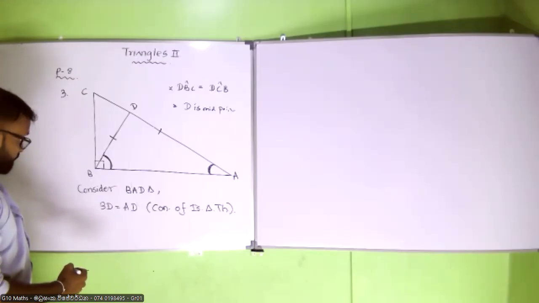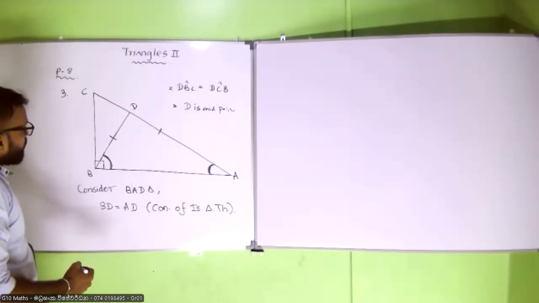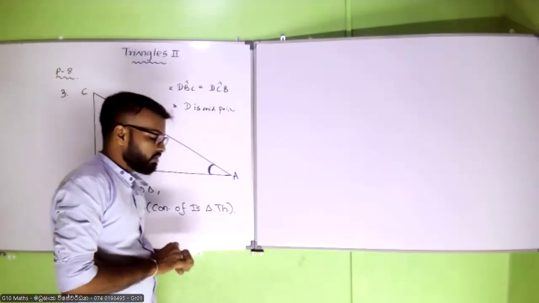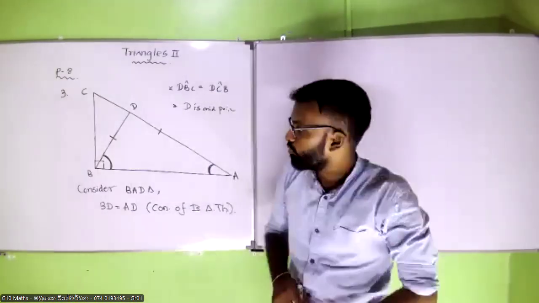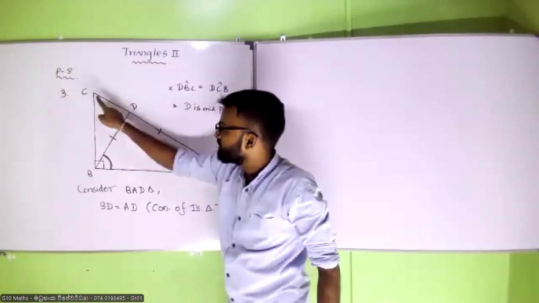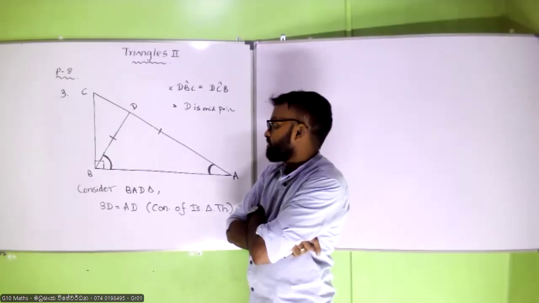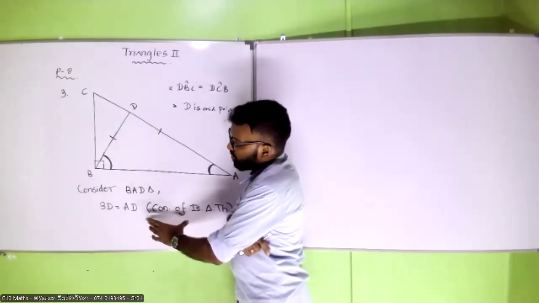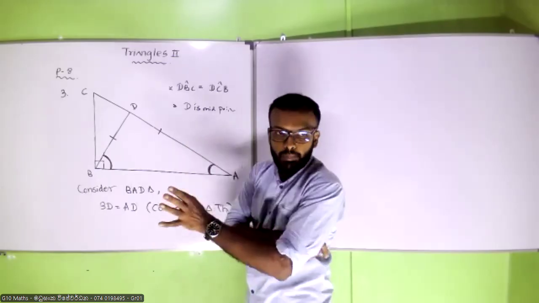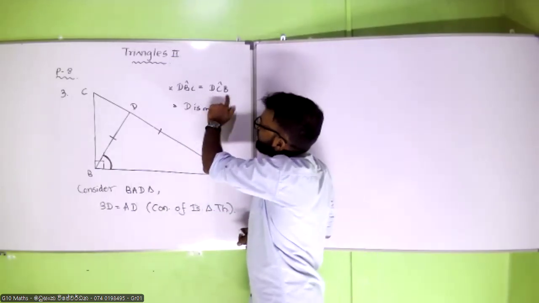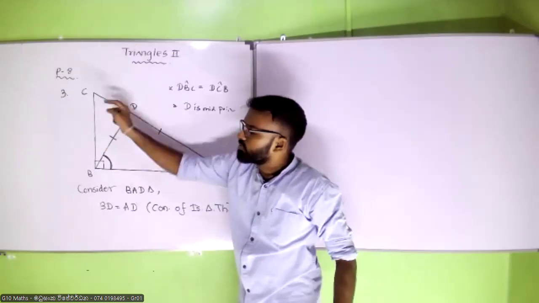Right. Then what we can do? Then we are going to prove that this side equals this side by using this. Right. So now we have done what we know. So now we are going to show angle DBC equals angle DCB. This one equals this one.